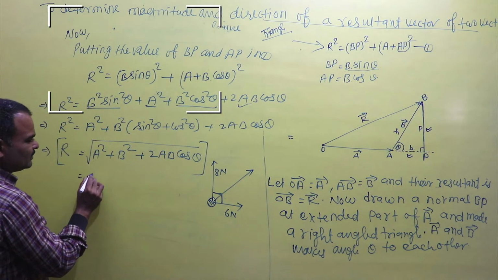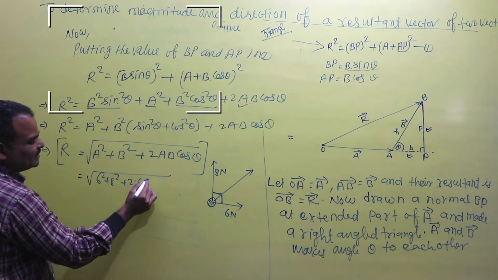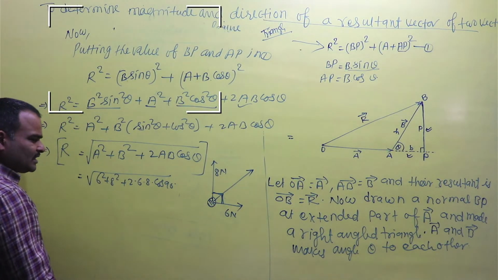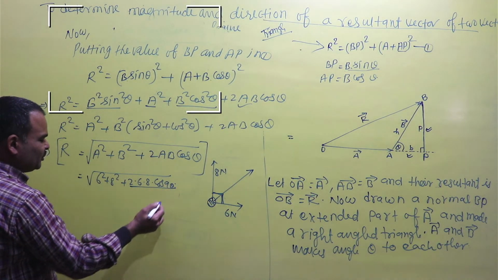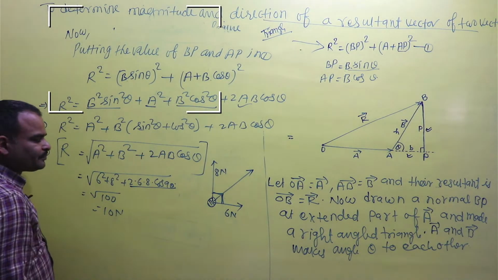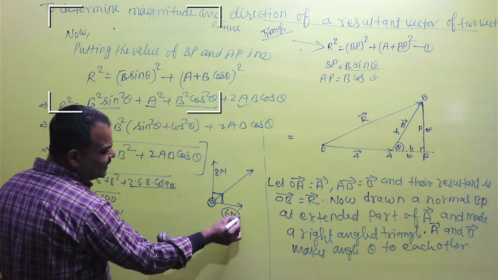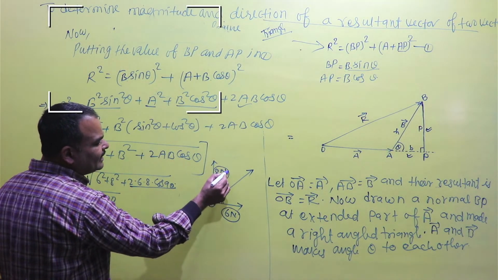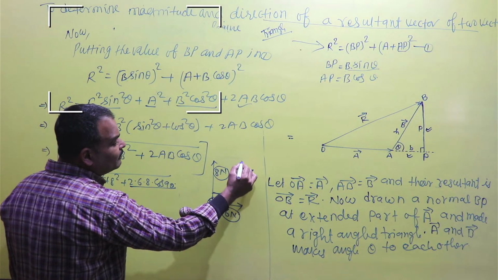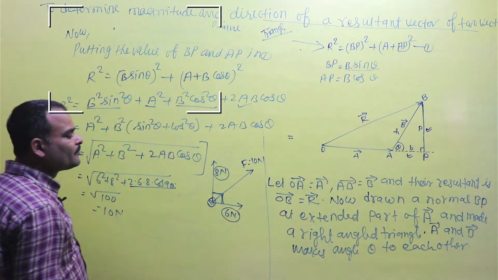Then it means under root 6 square plus 8 square plus 2 into 6 into 8, and the angle between both forces is 90 degrees, so the term will be 0 and this will be 10 Newton. So it means if two forces of magnitude 6 Newton and 8 Newton are acting simultaneously on an object, then the object will experience a force of magnitude 10 Newton.